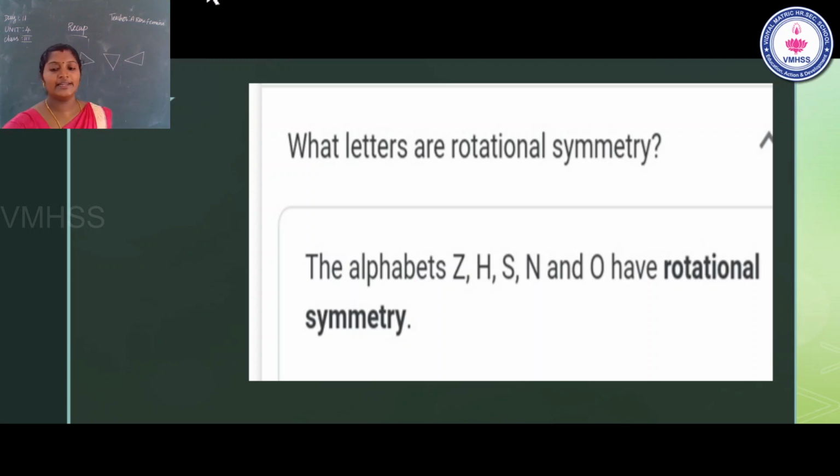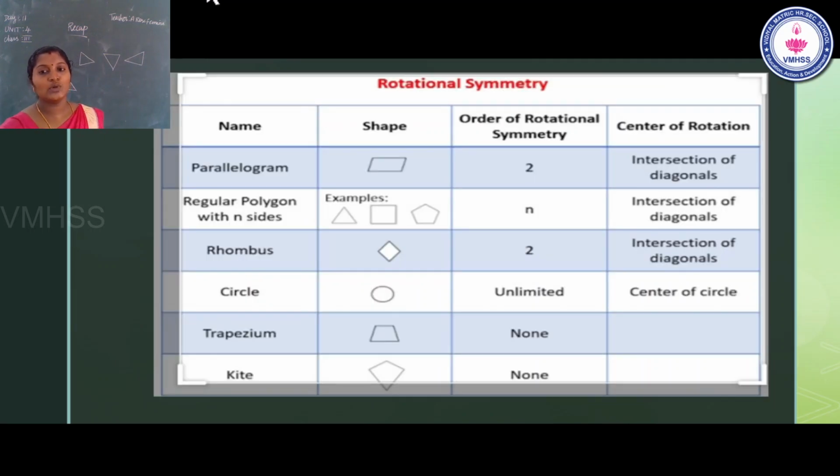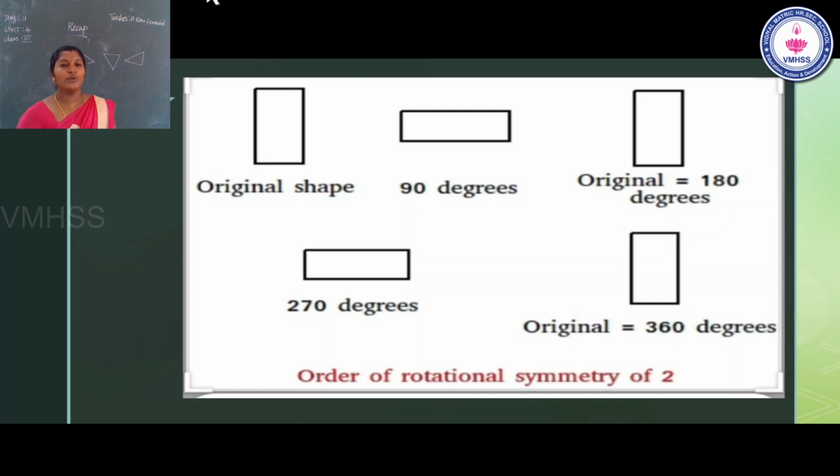Dear children, next one: rotational symmetry in some shapes. The shapes are parallelogram, polygon, rhombus, circle, trapezium, and kite. These are the main rotational symmetry shapes. You already know the rectangle.